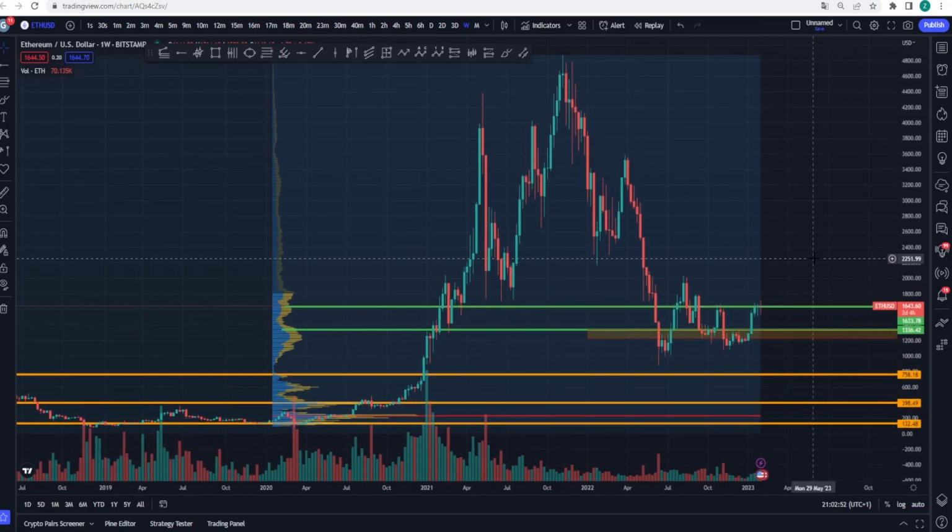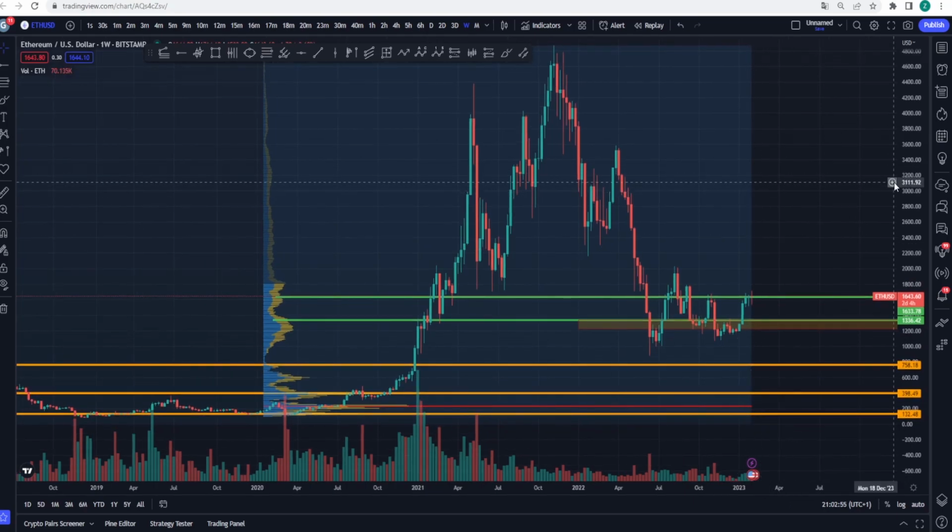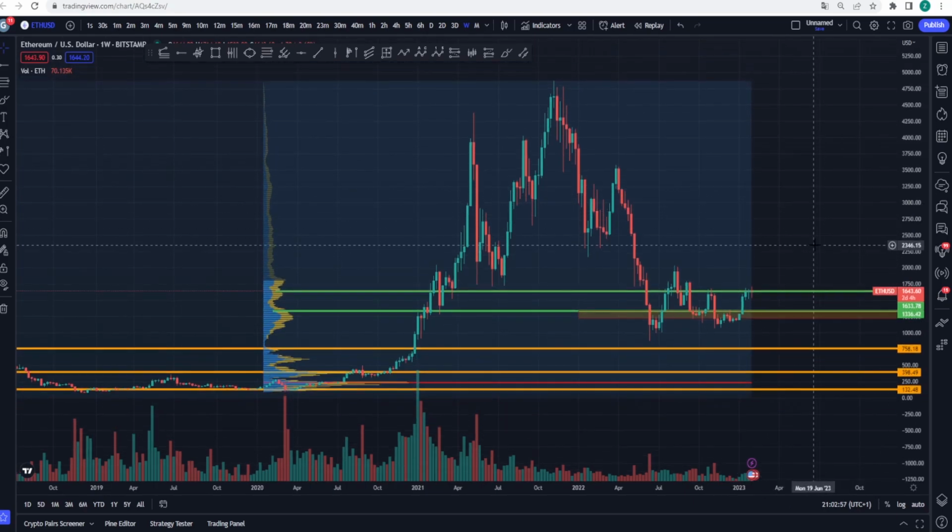And I think this is the word that we need to remember in this session. Everything we're doing is layers on top of layers of confluence. It's not one thing that's going to lead to us making money. It's the multiple things. The more things we can find that suggest a trade is the right trade, the better, right? And we call that levels of confluence.